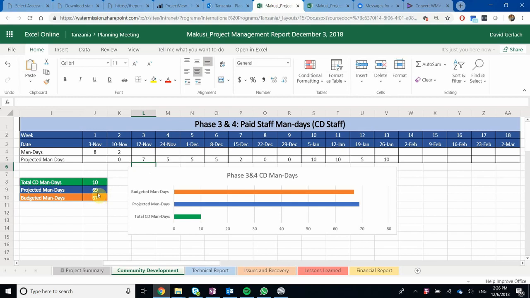And that's fine. It helps us understand why, as we move along, maybe we are spending too much time or too much money on labor. But if it requires extra man days to make the project successful, then it's okay if there's a few extra man days.